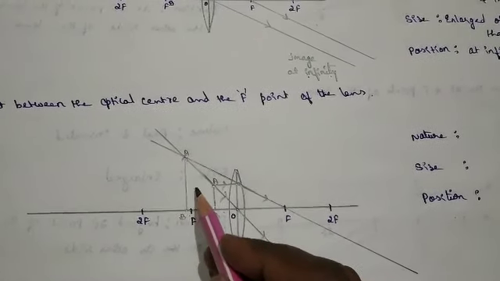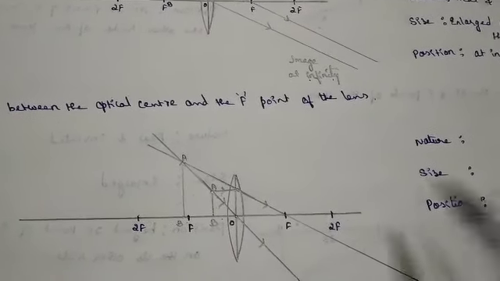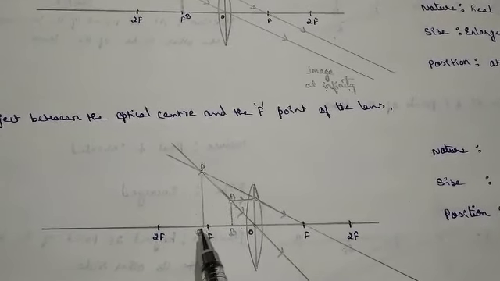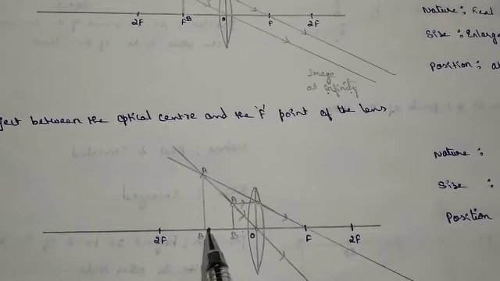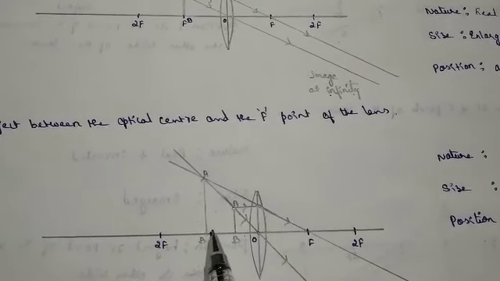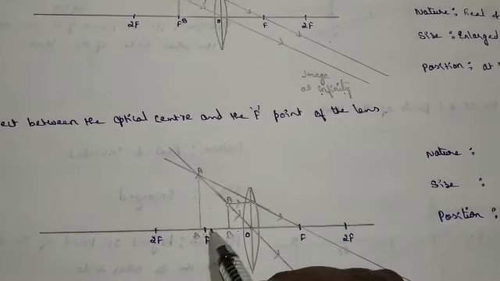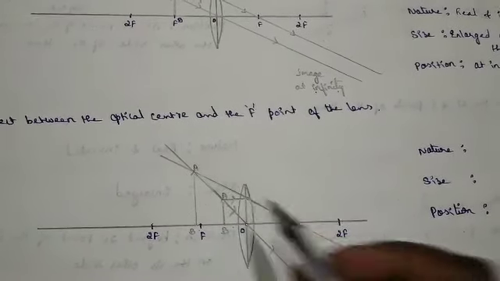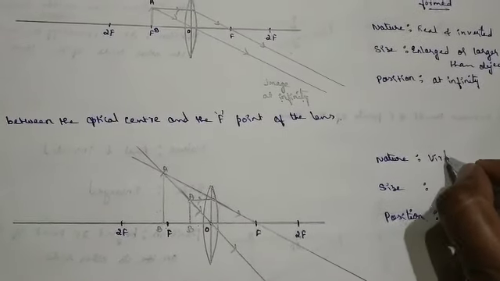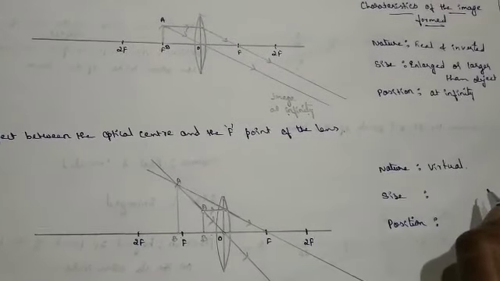So the image is formed on the same side of the lens where the object is placed, beyond F, and here the image is formed above the principal axis. So here we can write nature: virtual and erect. Virtual in the sense the image is not formed on the screen.